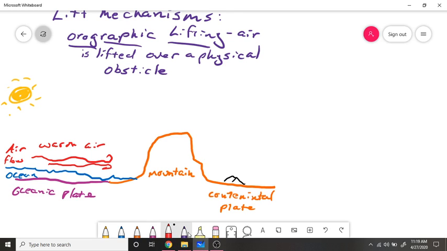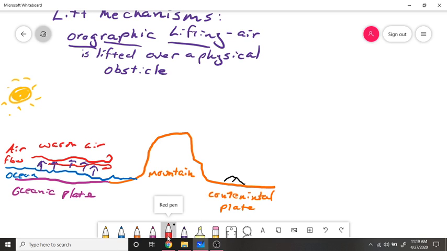As that air is moving over the water and it is being warm, it's causing some of that water to evaporate, and that warm air is filling up with water molecules.